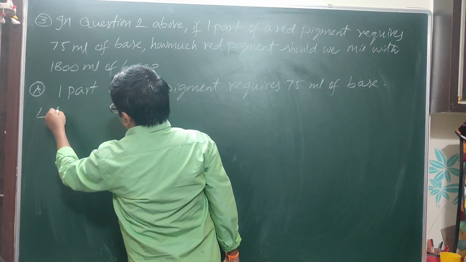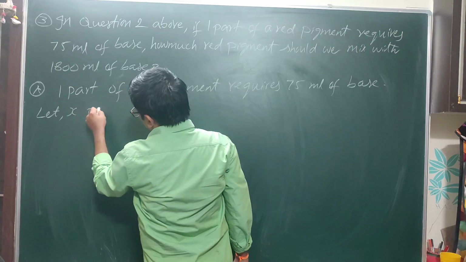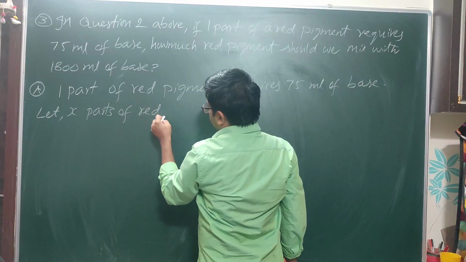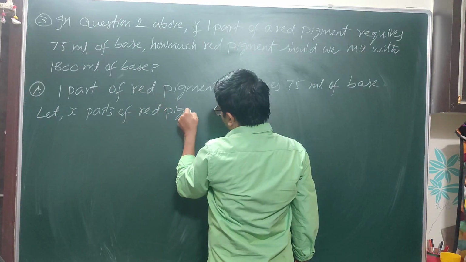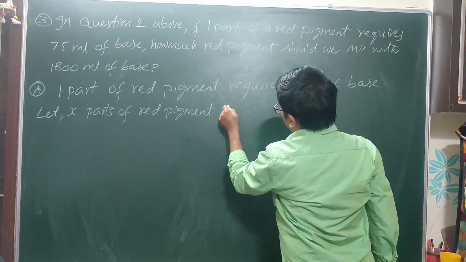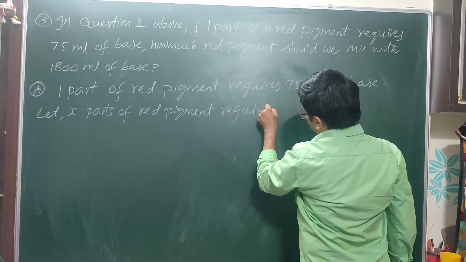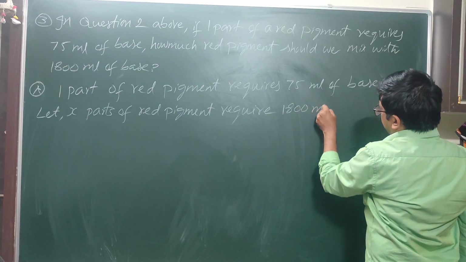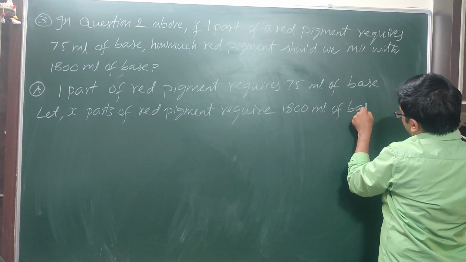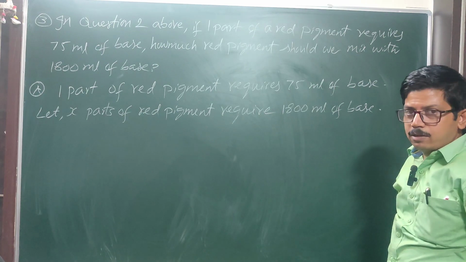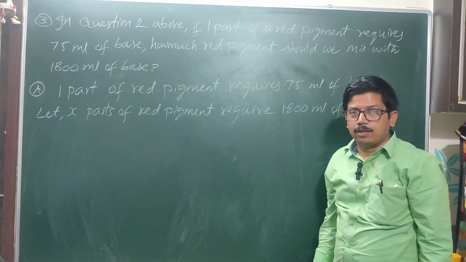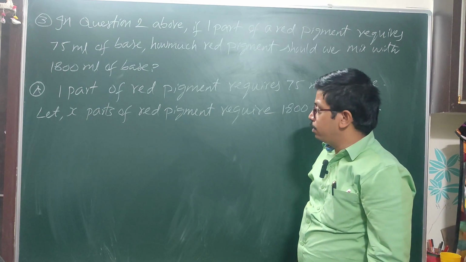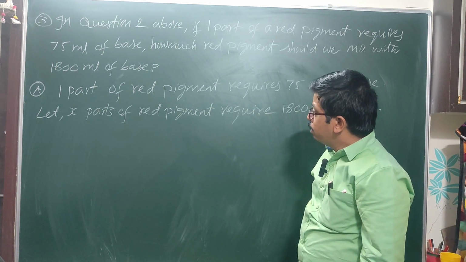Let x parts of red pigment require 1800 ml of base. Here you should not forget grammar as far as possible. Of course it is not about the matter of English subject.